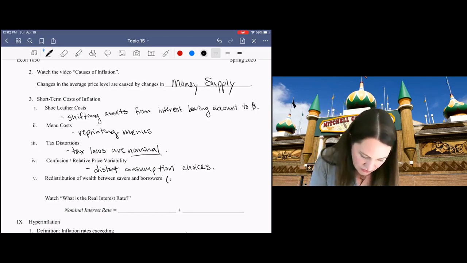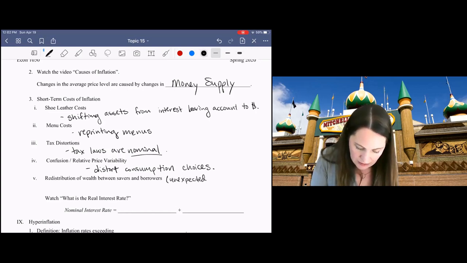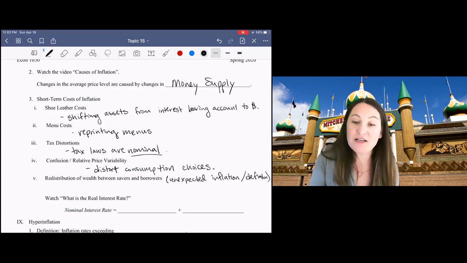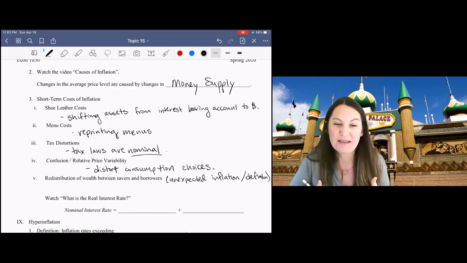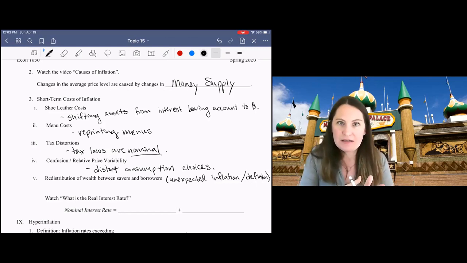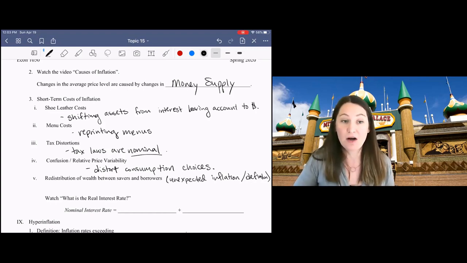So this happens when we have unexpected either inflation or deflation. Or I could say that the inflation rate is higher or lower than expected. And basically what's happening here is that we make all of our contracts for lending and borrowing based on what we expect the value of money to be over the course of that contract.